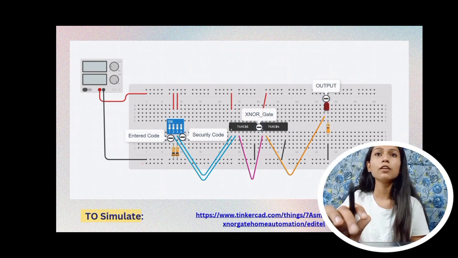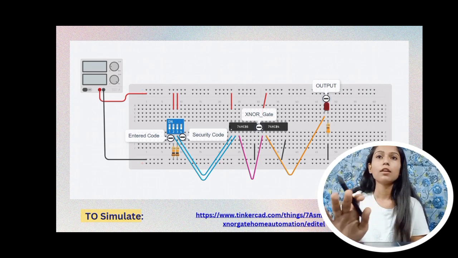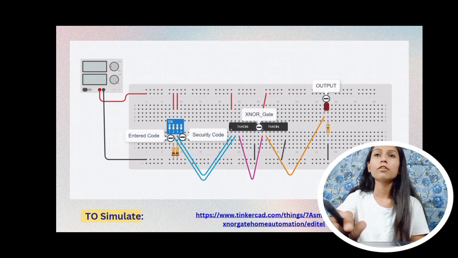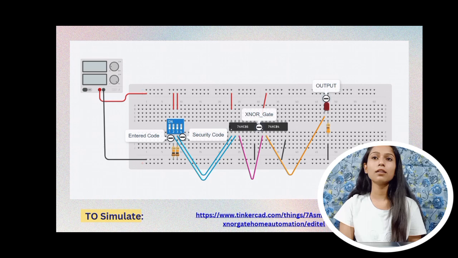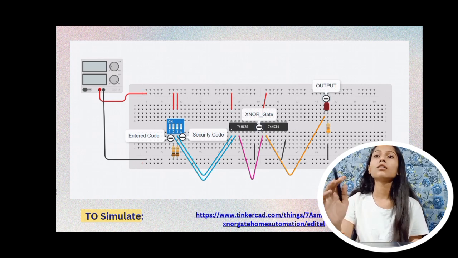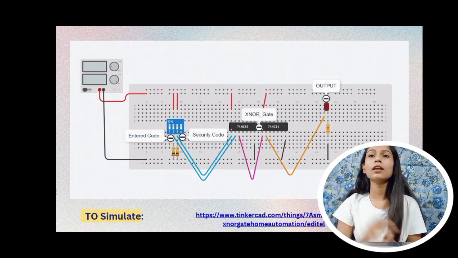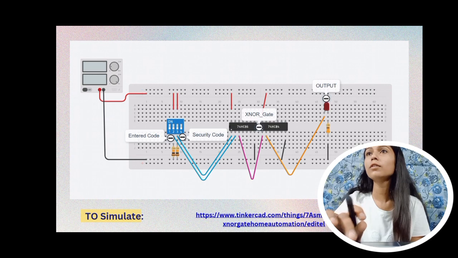Now we change one input, and now they are different. That's why the access is denied and the LED is off. And when we turn on both, again it is similar inputs. That's why access is granted and our LED is turned on.